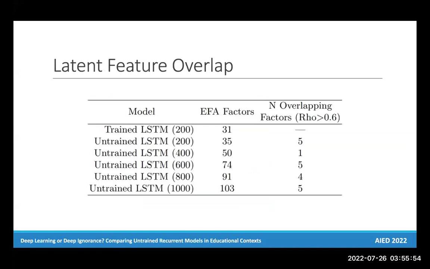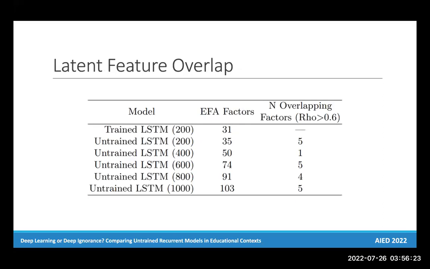And finally, given an LSTM at different sizes, when we have an untrained model with 200 nodes, 400 nodes, etc., we're seeing that there's very little overlap, and that overlap doesn't seem to increase when we increase the size of our model. So when we add more hidden units to our model, we're not seeing a greater amount of overlap.